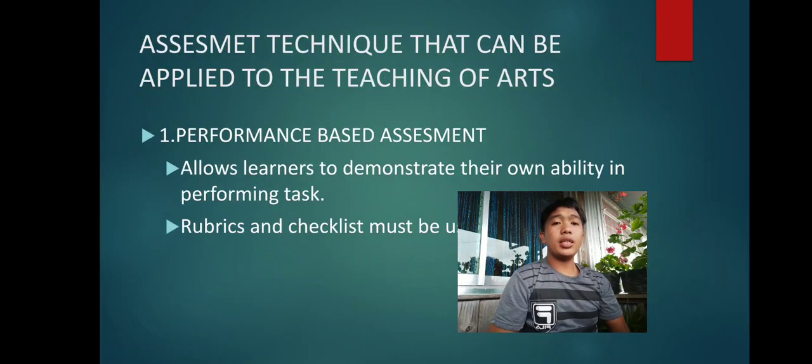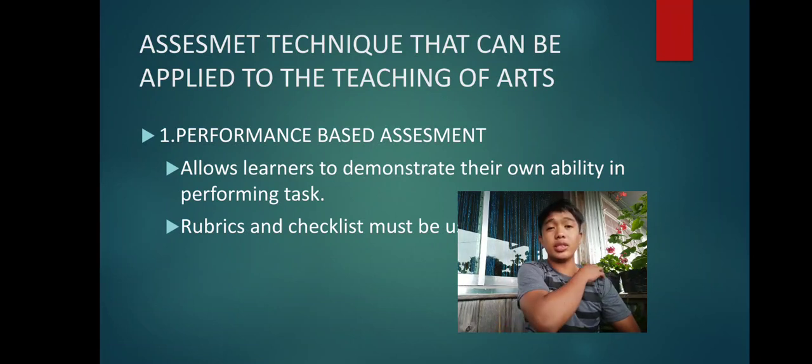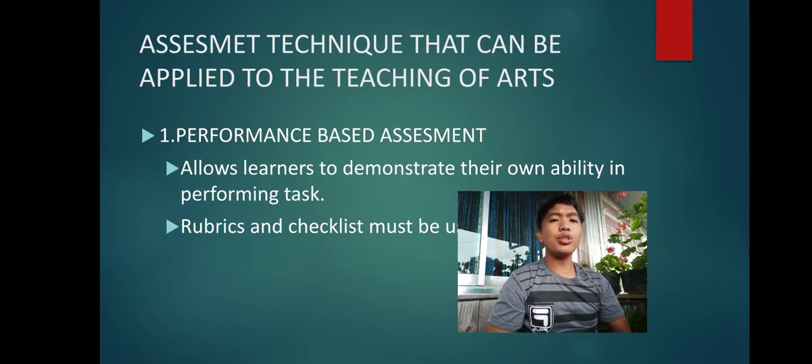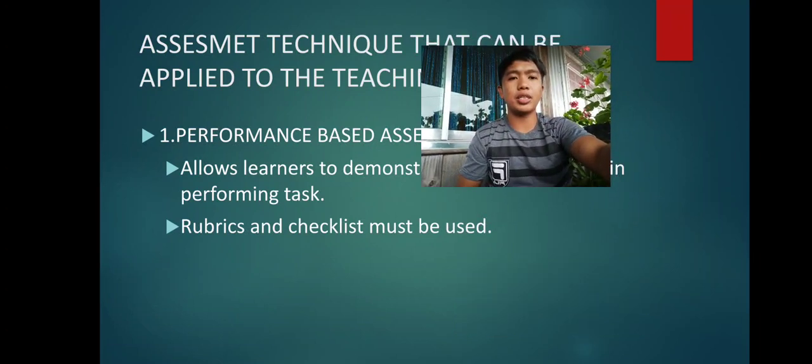Okay, next are assessment techniques that can be applied to the teaching of arts. First, performance based assessment. This assessment allows learners to demonstrate their own ability in performing tasks. Rubrics and checklists must be used.